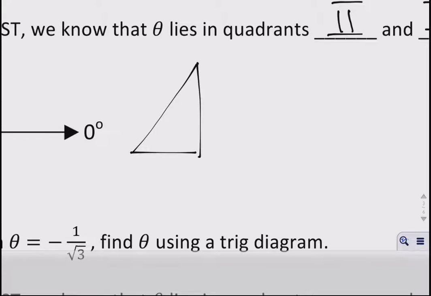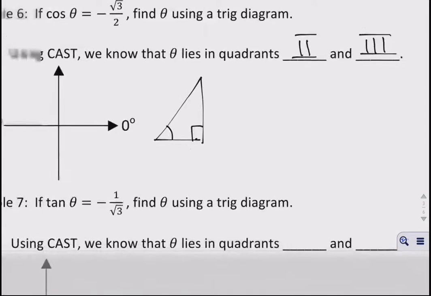Flat side, and I'm looking at root 3, 1, and 2 over here. That's 60 degrees.